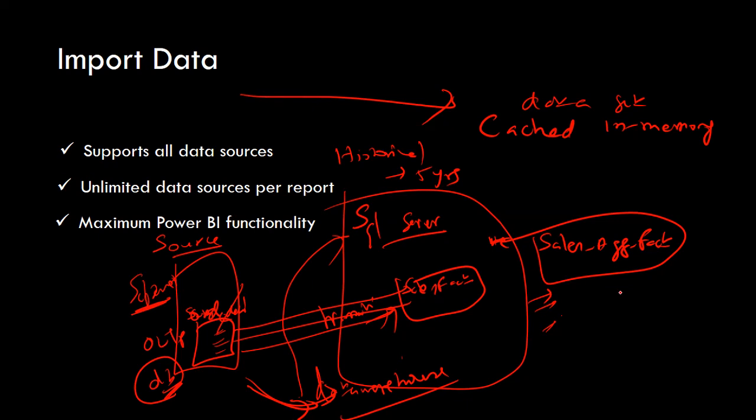So each week, let's say you are selling only 100 products, and on an average you get, let's say, 300 transactions per month. Or let's say 1,000 transactions per month are happening.